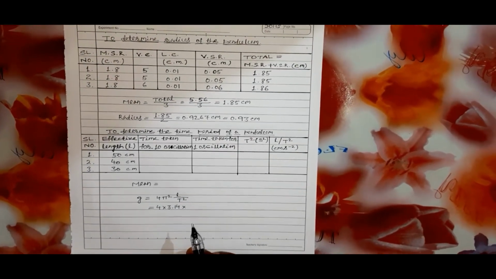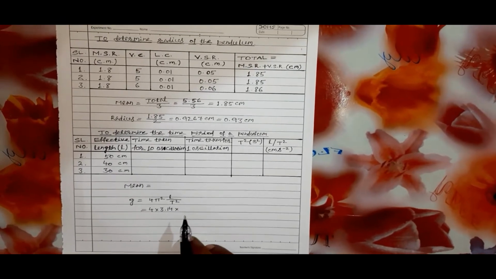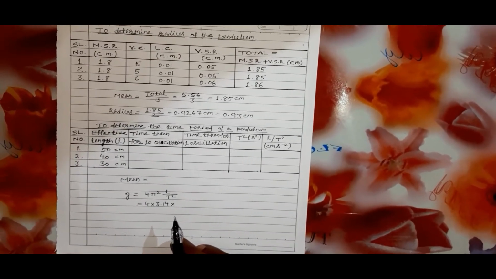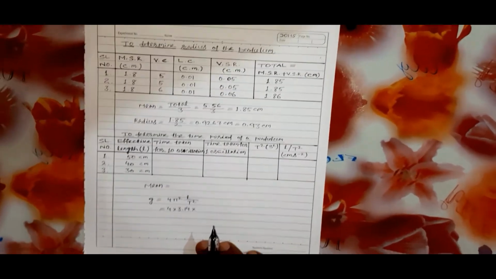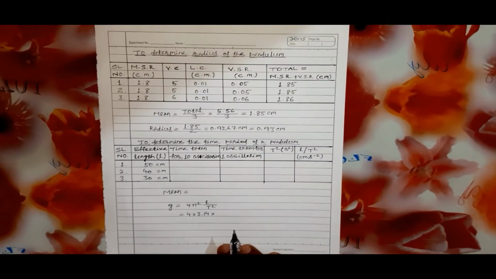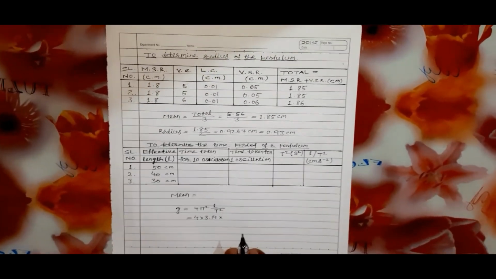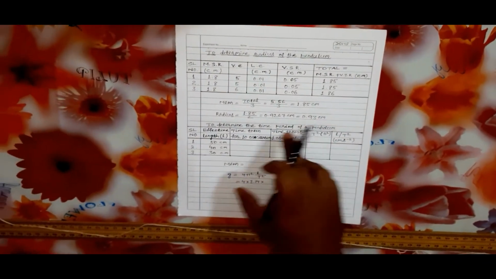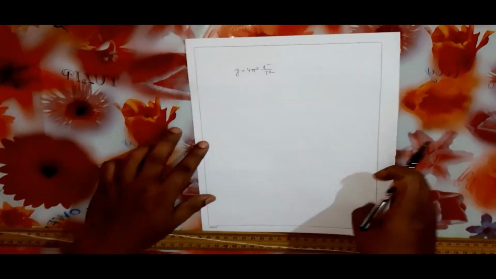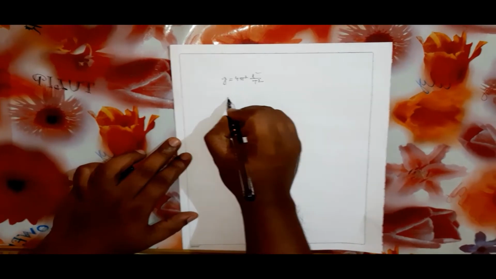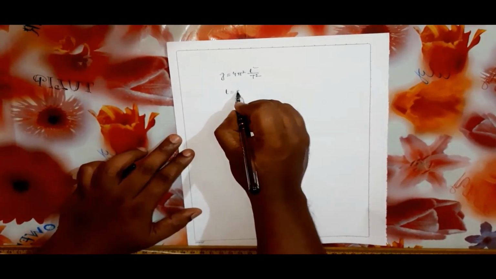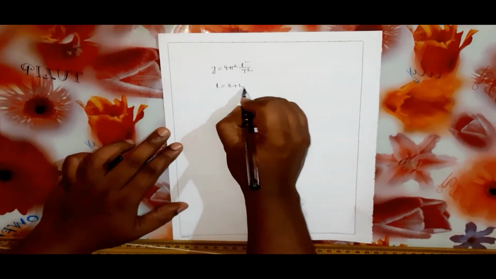When we take the effective length, we can take any length from 100 to 10 centimeters. For my convenience I am taking 50 centimeter effective length. The radius you already got is 0.93. The effective length is equal to the radius of the bob plus the length of the thread.